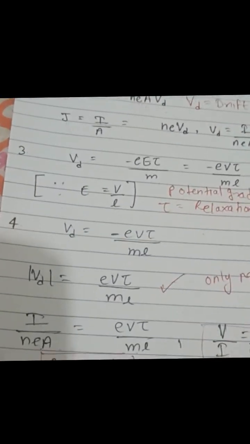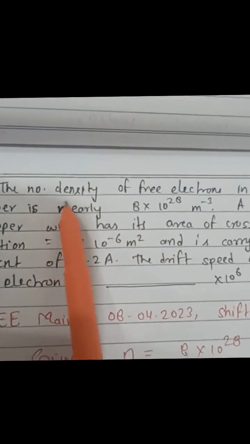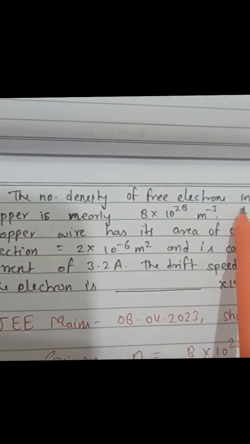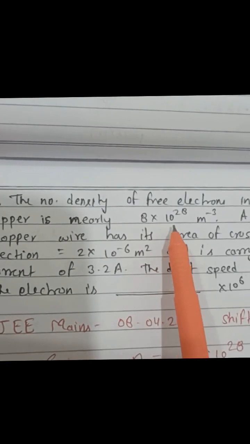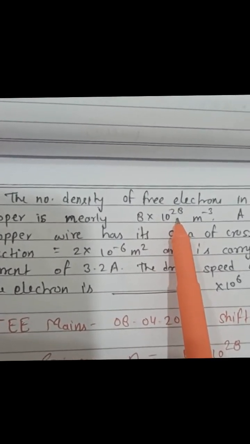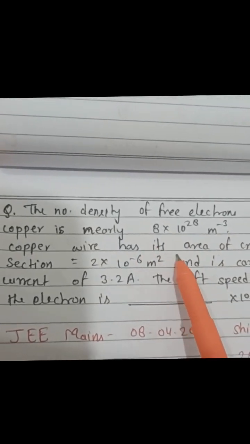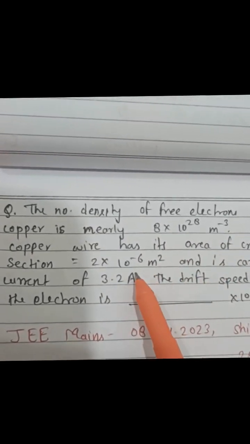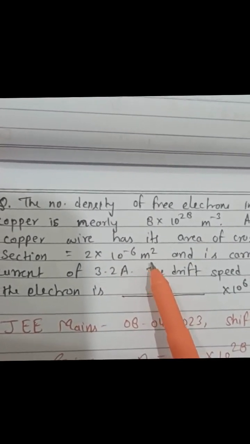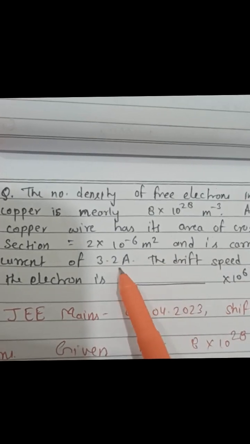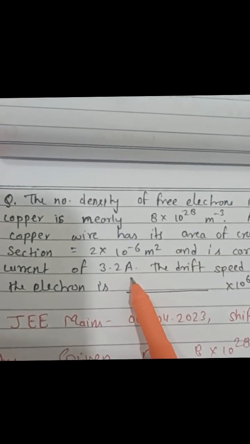Now using this formula, we will solve some problems. The first problem: the number density of free electrons in copper is nearly 8 into 10 to the power 28 per meter cube. A copper wire has a cross-sectional area of 2 into 10 to the power minus 6 meter square and is carrying a current of 3.2 ampere.